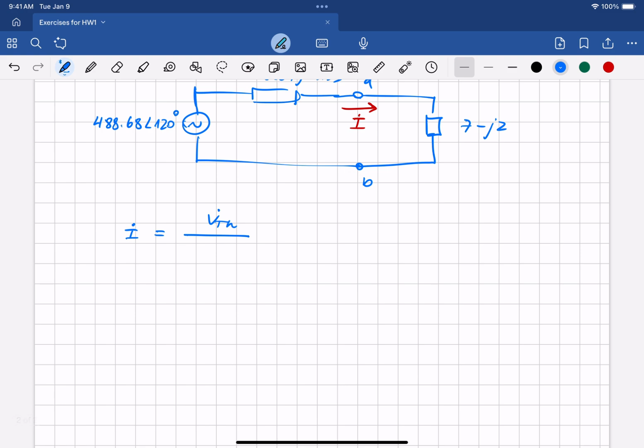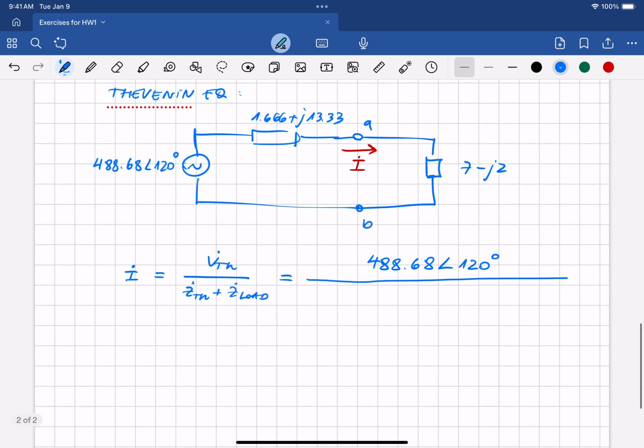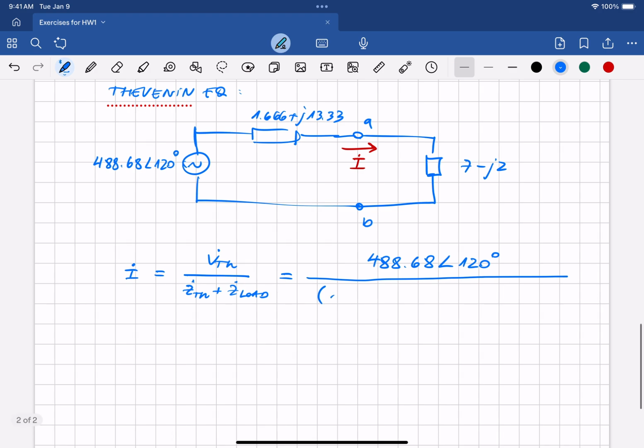So let's call that Z Thevenin plus Z load. So that would be 488.68 angle 120 degrees divided by the total impedance here, 1.66 plus J13.3 plus 7 minus J2. That's it.